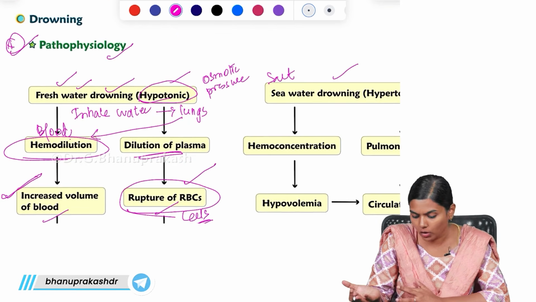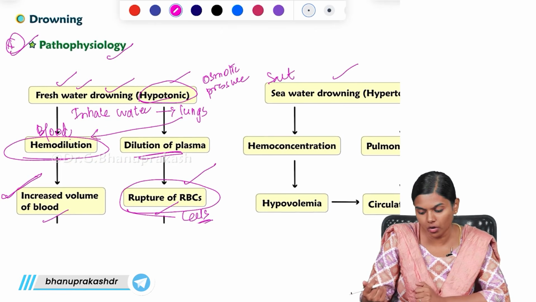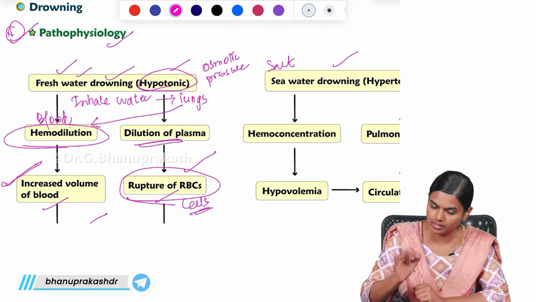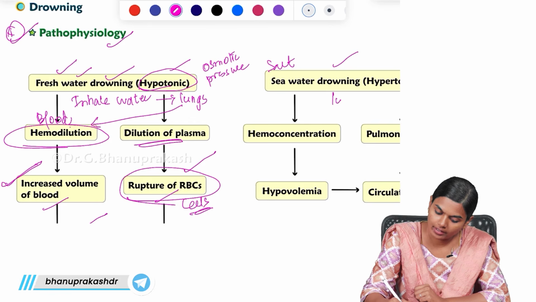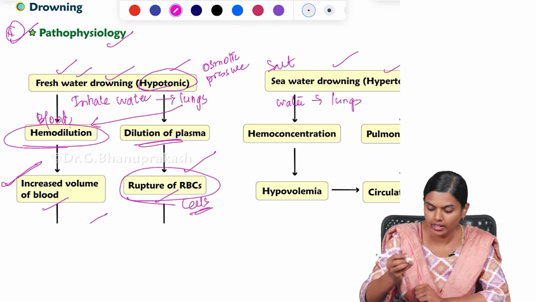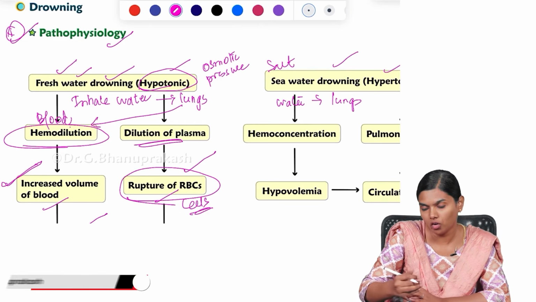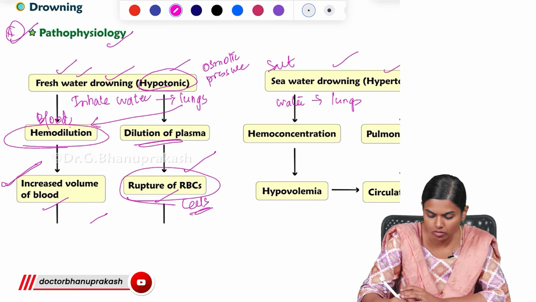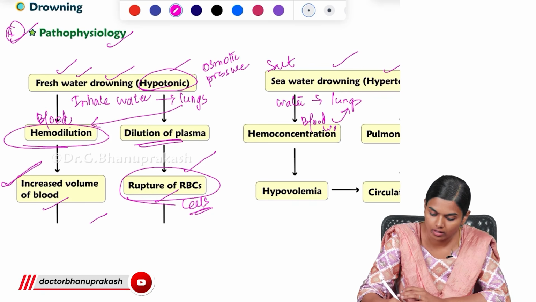And saltwater drowning, that is your seawater drowning, what happens here is the same thing: the water will enter the lungs. Because of the hypertonicity of the water, there will be movement of water from blood. So, from blood, water will enter the lungs.